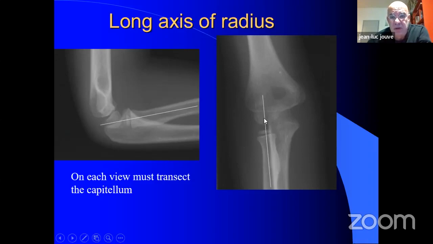Even if the incidence is not very good, this axis must transect the capitellum. It is very important, and we will see that in all the topics concerning the forearm.